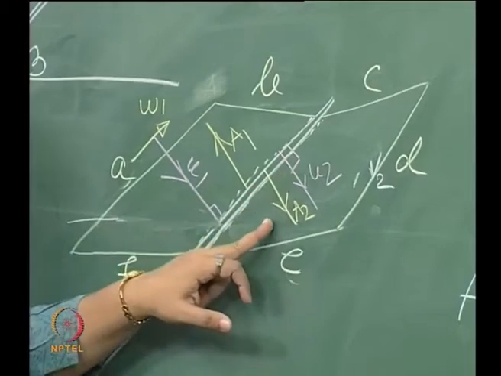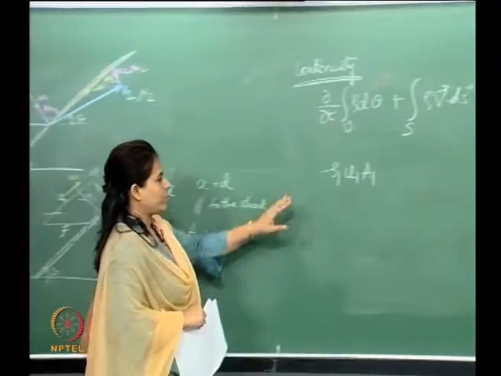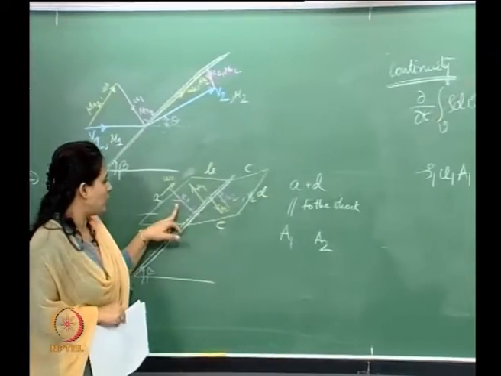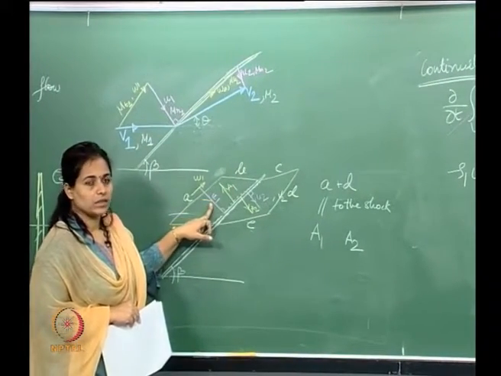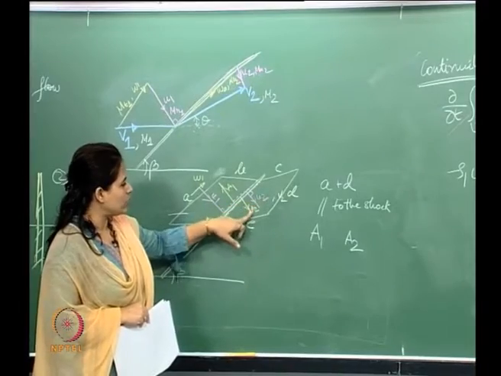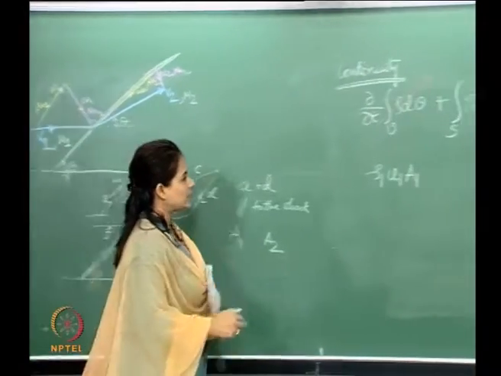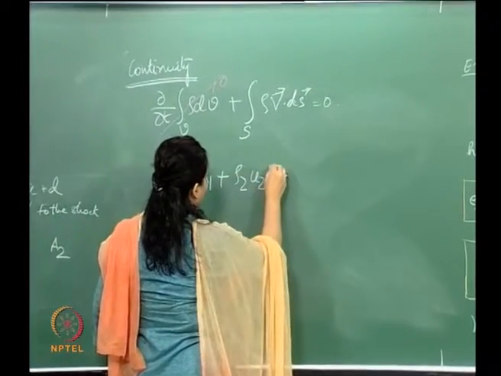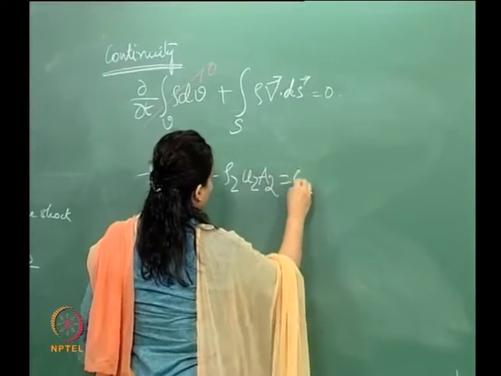Here they are in the same direction, okay. That is what brings in the sign over here, because the angle between u1 and A1 is pi, isn't it, and the angle between u2 and A2 is 0. So, that is the reason we get this: plus rho 2 u2 A2 is equal to 0.